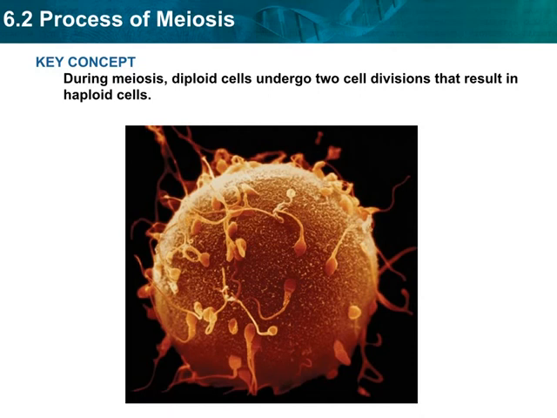This is a review. Key concept here is during meiosis, diploid cells undergo two cell divisions that result in haploid cells. These haploid cells are needed for sexual reproduction. They have half the number of chromosomes that a normal diploid cell has.